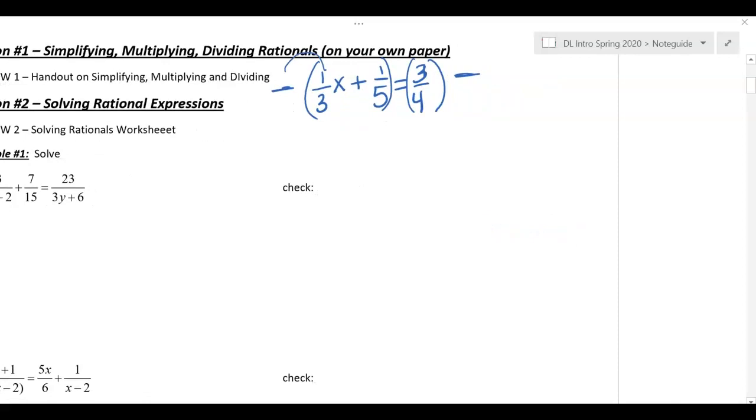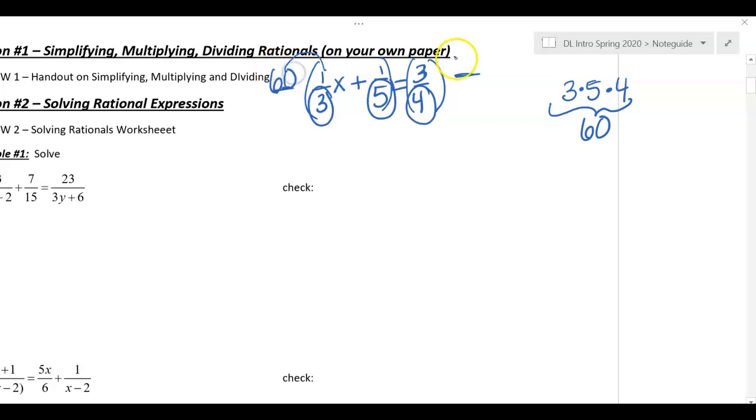When I look at my fractions, this one has a 3, a 5, and a 4. None of those have any common factors. So whatever I multiply by, it needs to have a 3 to cancel out the 3, a 5 to cancel out the 5, and a 4 to cancel out the 4. That's 60. So I would want my least common denominator to be 60.